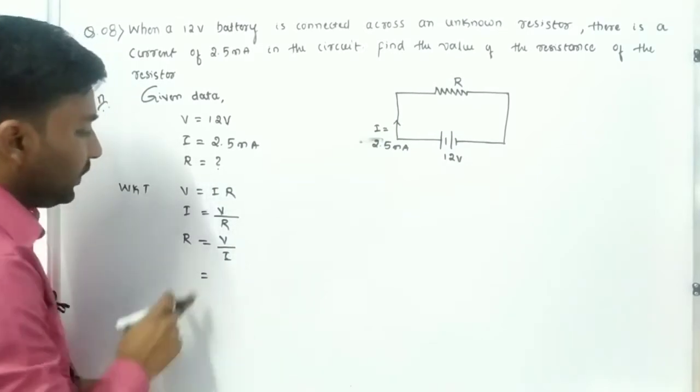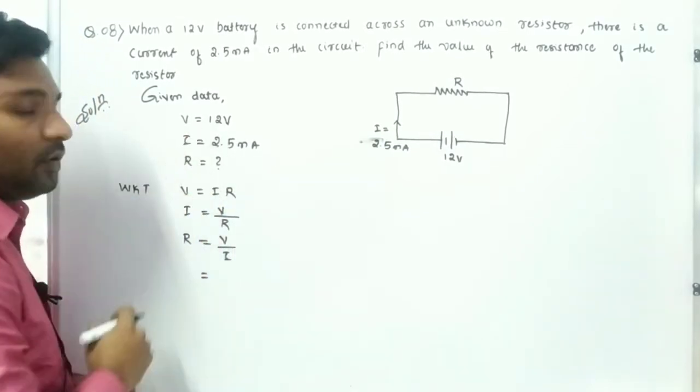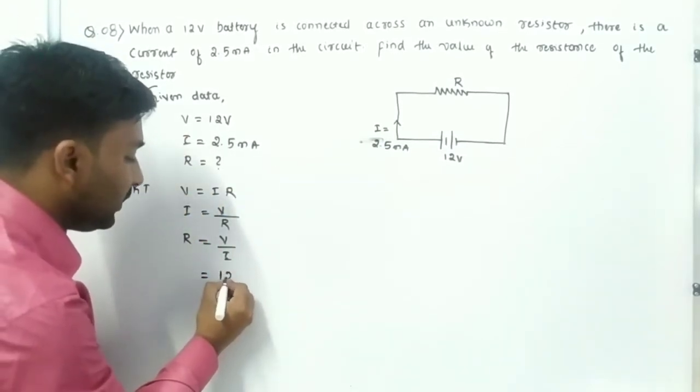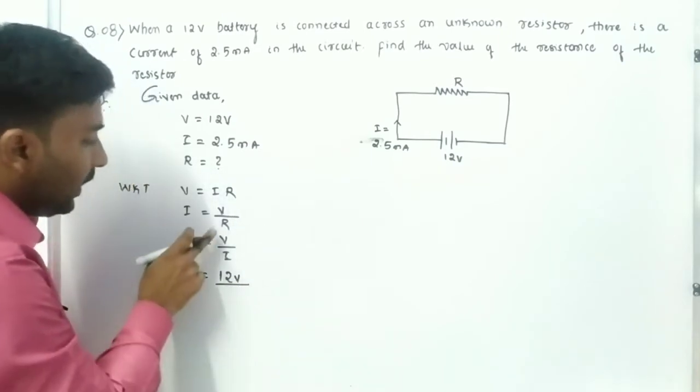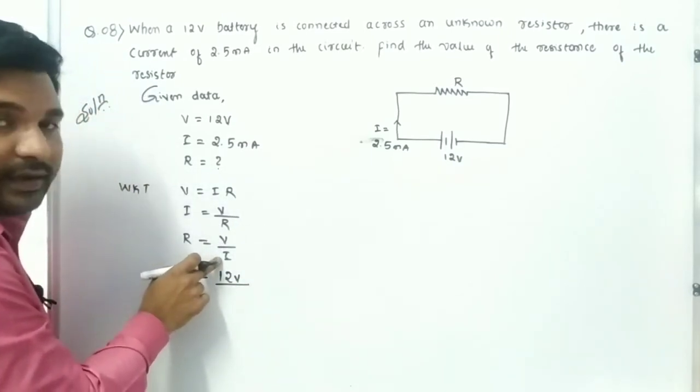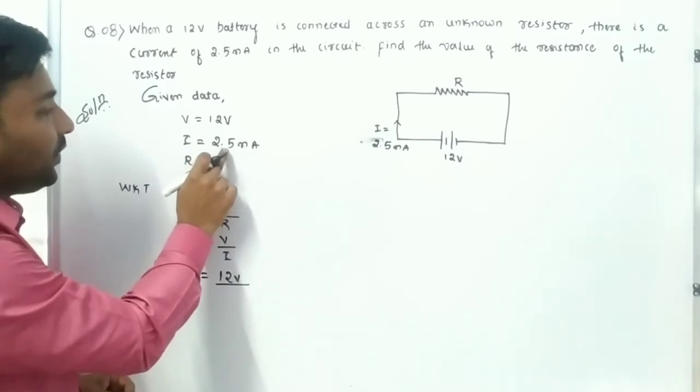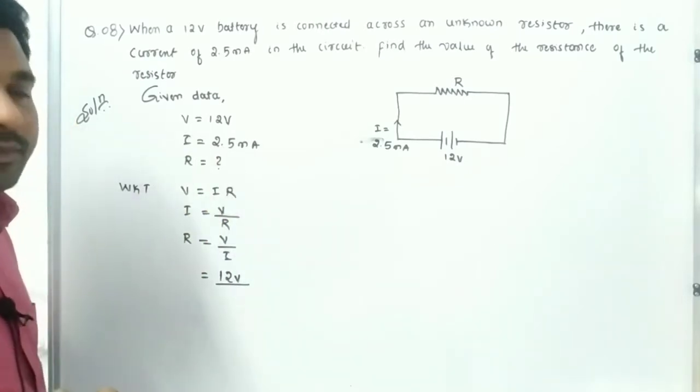V is how much? It is 12 volt. And we have the current, which is 2.5 milliampere.